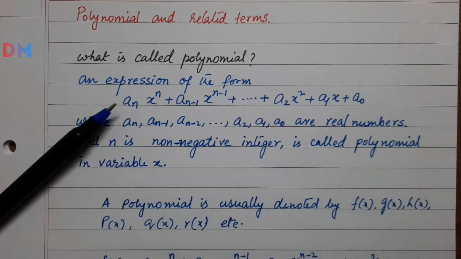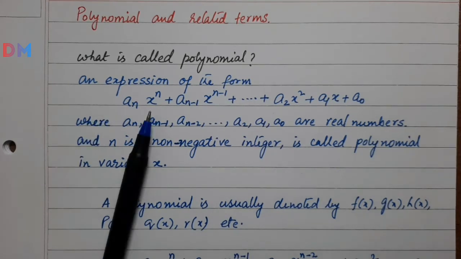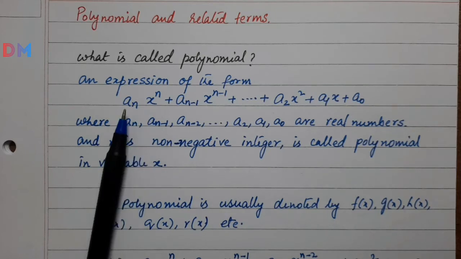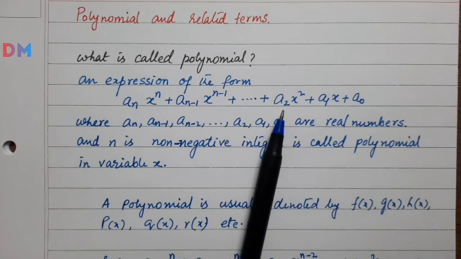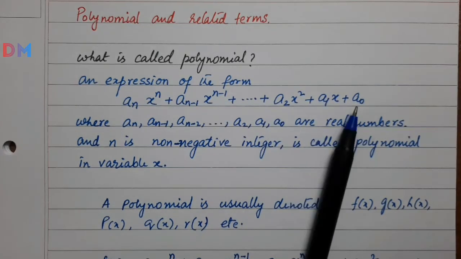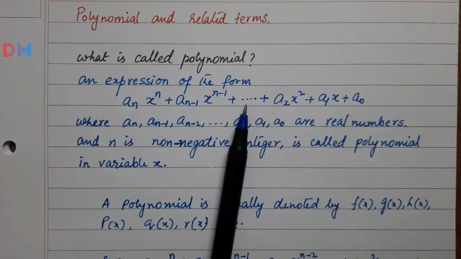Then an expression like this is called a polynomial in variable x. Here x is called the variable and a_{n-1}, a_2, a_1, a_0 are called the coefficients, and there will be many more coefficients in this continuation.